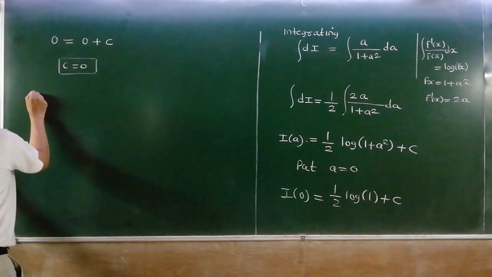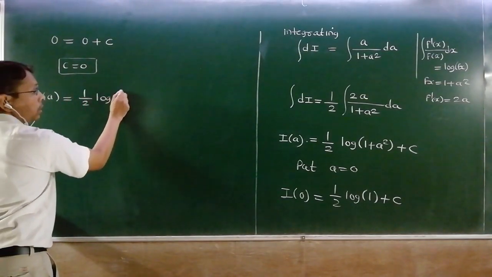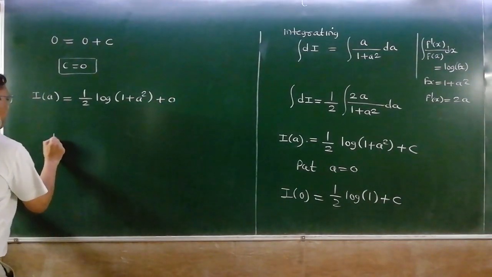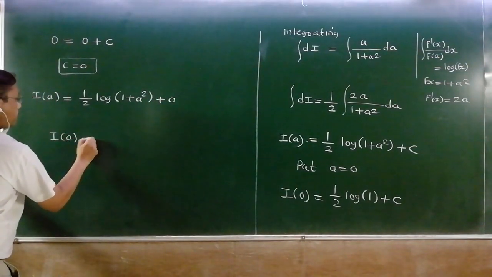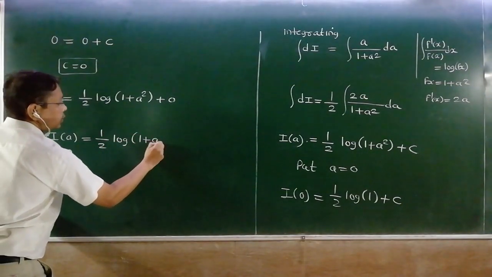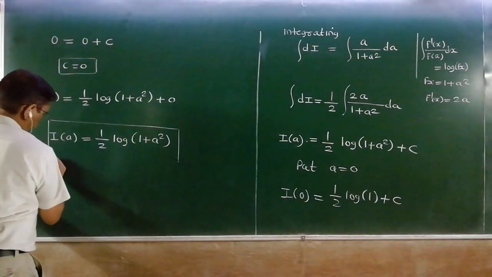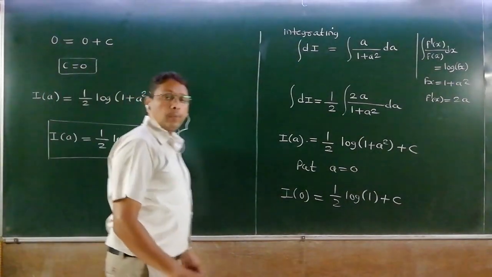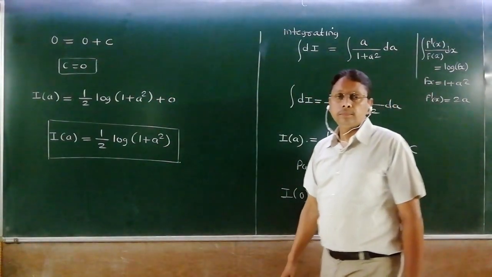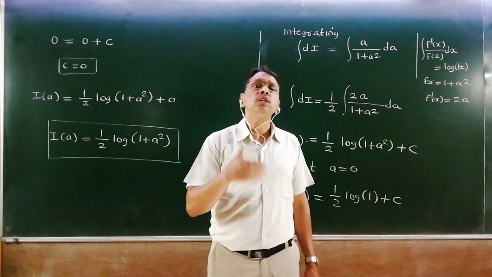So I is equal to 1/2 log(1 plus a square) plus 0, and nothing but I is 1/2 log(1 plus a square). So what they asked to prove, here we proved it. Is it clear, all of you? Understood? So note down this last part with understanding. Hope you understood this numerical. Thank you very much for watching this video sincerely.